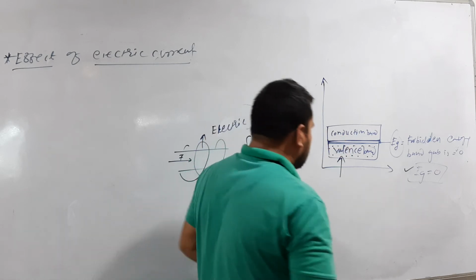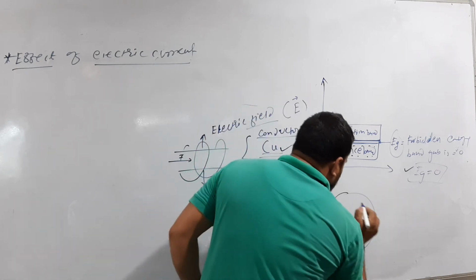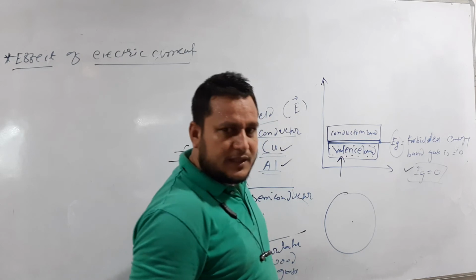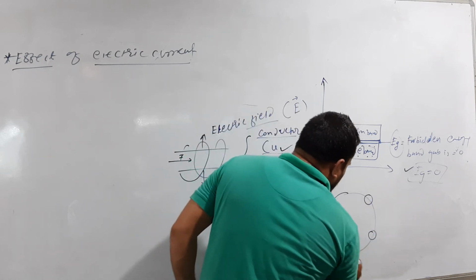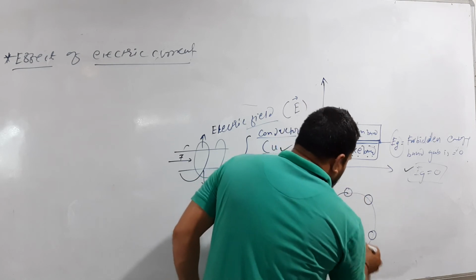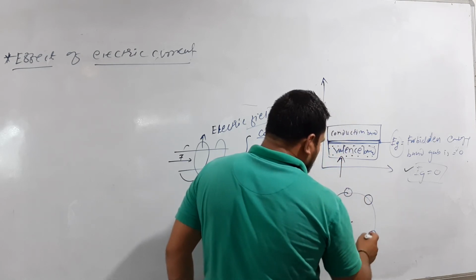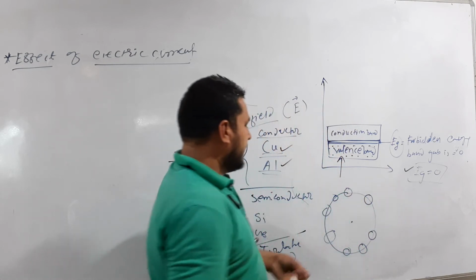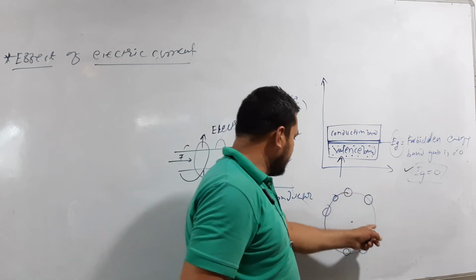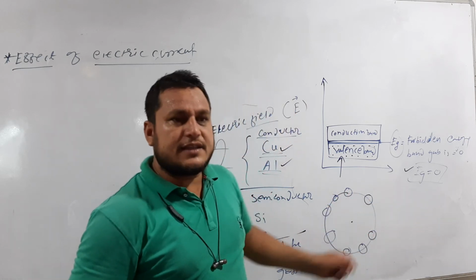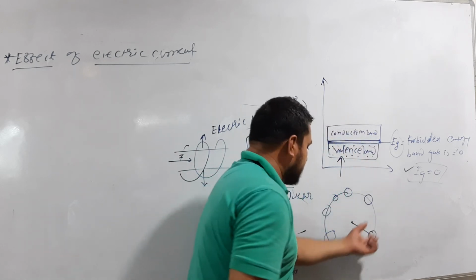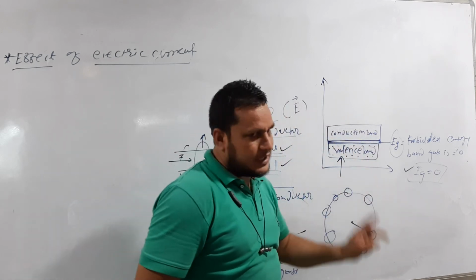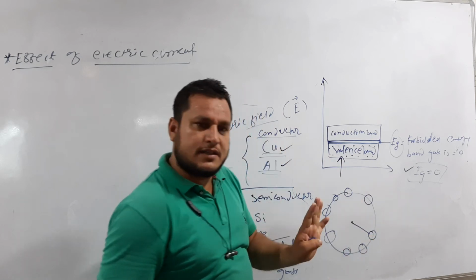The atomic structure of this mechanism is like this: suppose we have a copper atom. This is the nucleus, and this is the outer orbit of copper. Assume there are 8 electrons already: 1, 2, 3, 4, 5, 6, 7, 8. Suppose this is the valence band, because a number of free electrons are available as per Newland's rule.